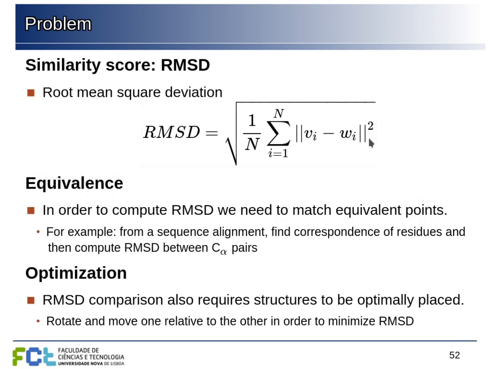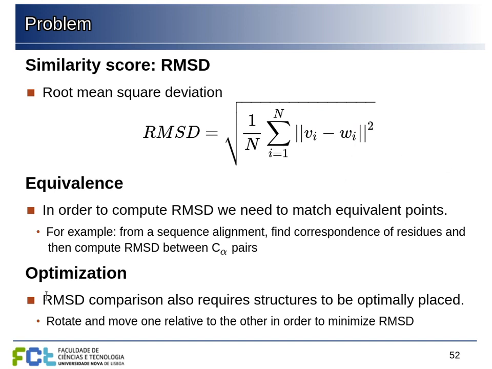So what we need here to compute the root mean square deviation is to find the match between each atom in one of the structures, in this case V, and the corresponding atom in the other structure. Once we have this, we can measure these distances, but note that we don't want to measure these distances with V and W placed randomly somewhere in space, because otherwise we are just measuring mostly the distance between the two proteins.